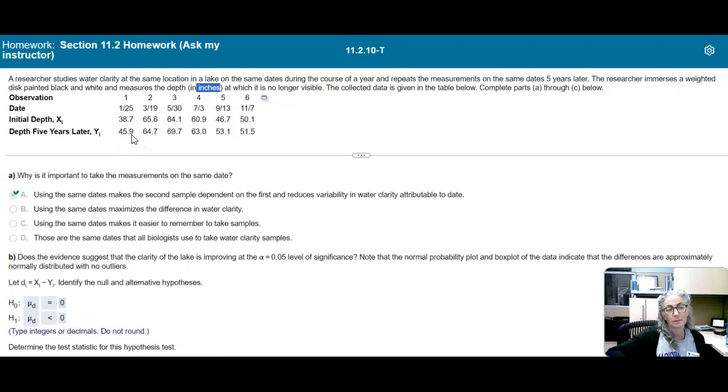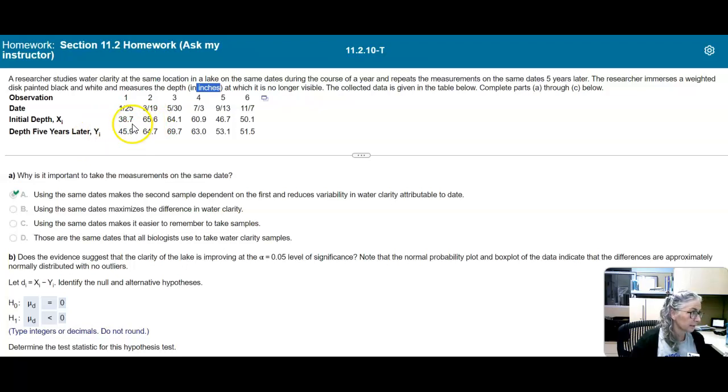If you think about that, it was clearer 5 years later because the disc went deeper in the water before it was no longer visible. So that helps us figure out that bigger numbers mean that it is becoming clearer. If the numbers go up between the first observation and the second one, we know it's getting clearer.